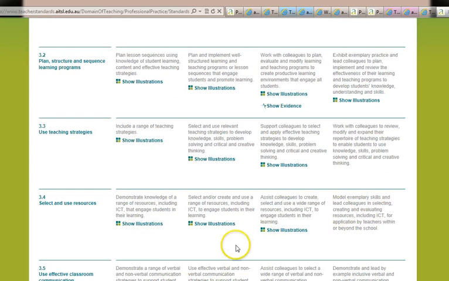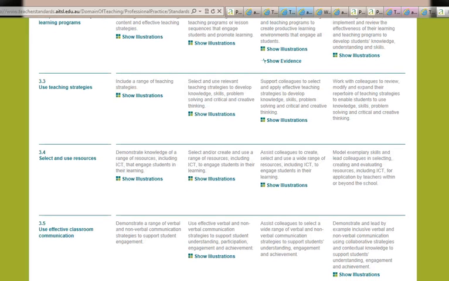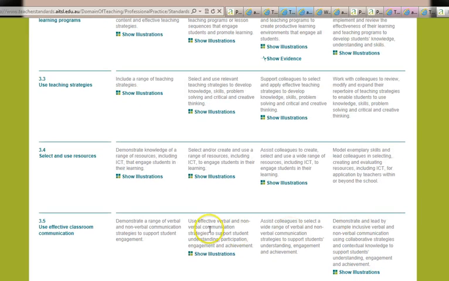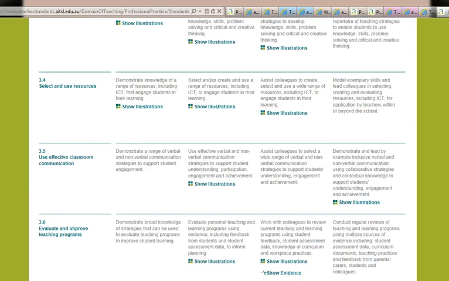Selecting and using resources. Which resources, including ICT, might be used in a particular lesson? Use of effective classroom communication. What are the strategies that the teacher will use in order to ask questions and engage in communication with the students? And how will the lesson be evaluated to improve the teaching program?